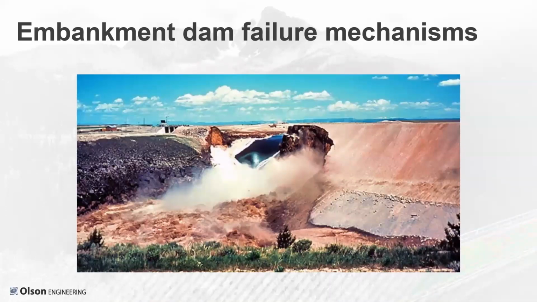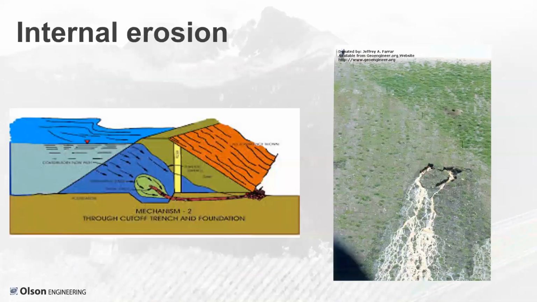And some of these are pretty spectacular. All right, so here is an example of internal erosion, which is a large problem for dams in the sense that as we have moisture going through the dam and into the core, sometimes a flow path can occur through the dam. And what happens is once a flow path forms, eventually we get water coming out on the downstream side.